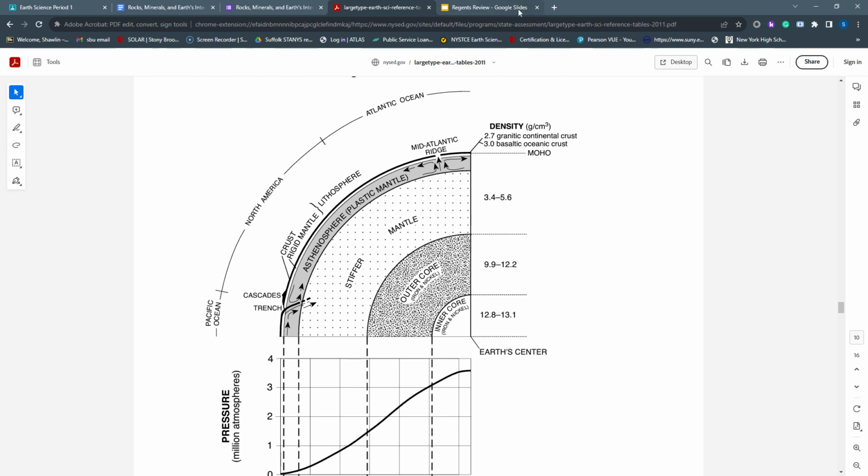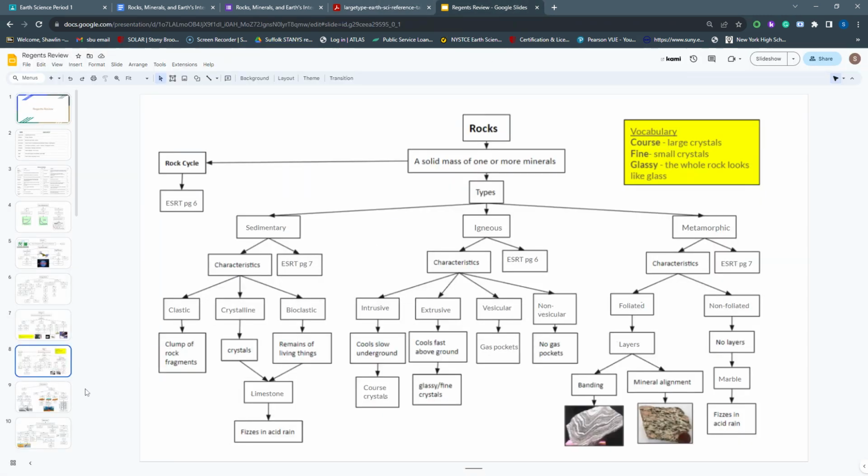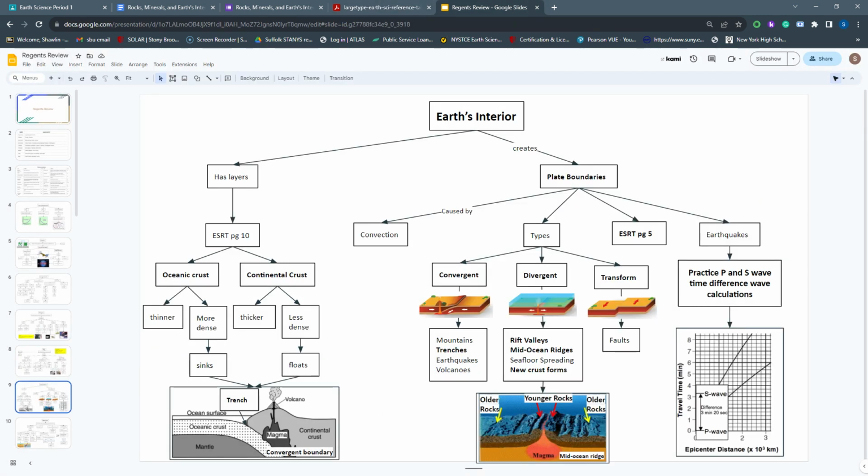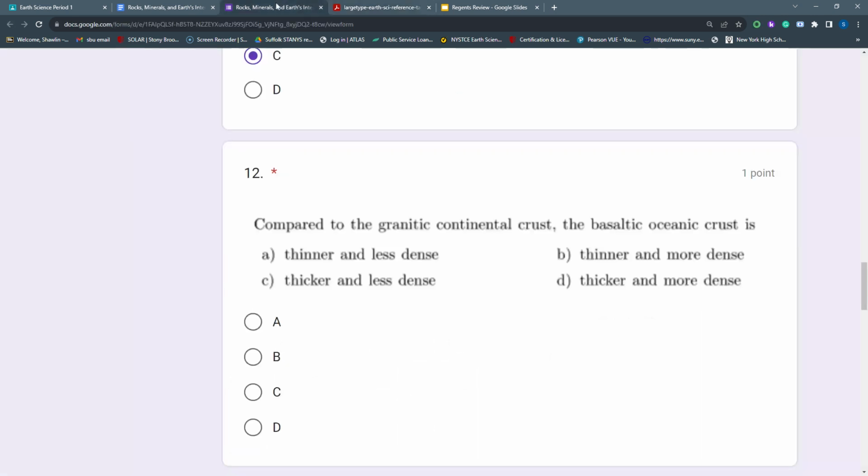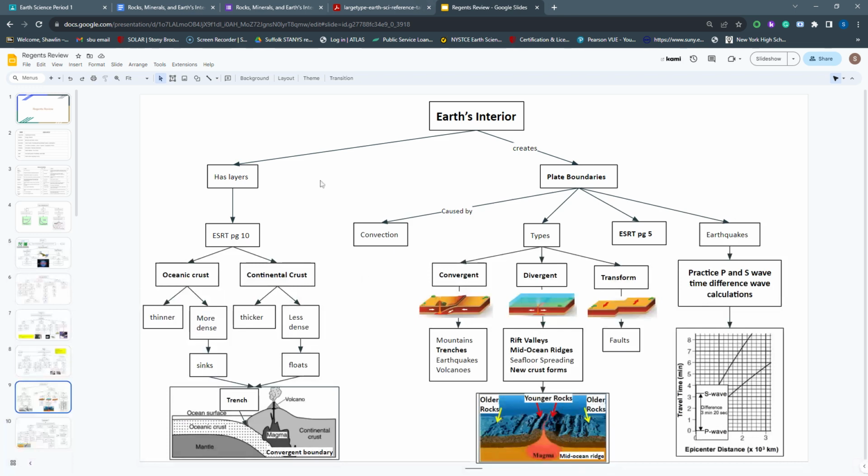For thinner versus thicker, you have to go over here in your notes and memorize that the oceanic crust is thinner and more dense. The continental crust is thicker and less dense. That's why the correct answer is, compared to the granitic continental crust, the basaltic oceanic crust is thinner and more dense. B. Oceanic crust, thinner, more dense.